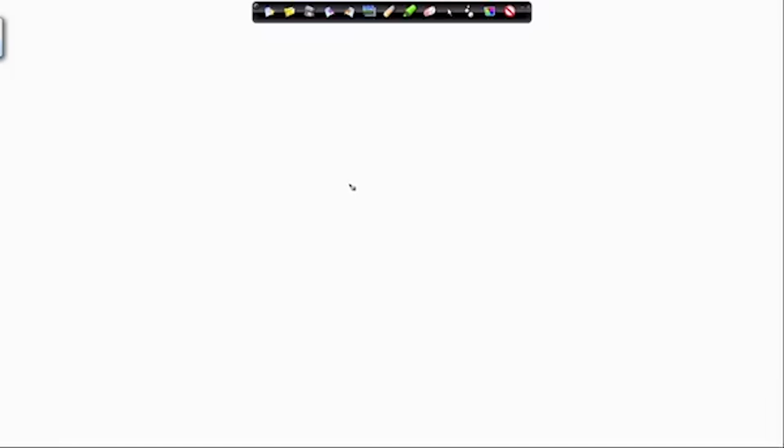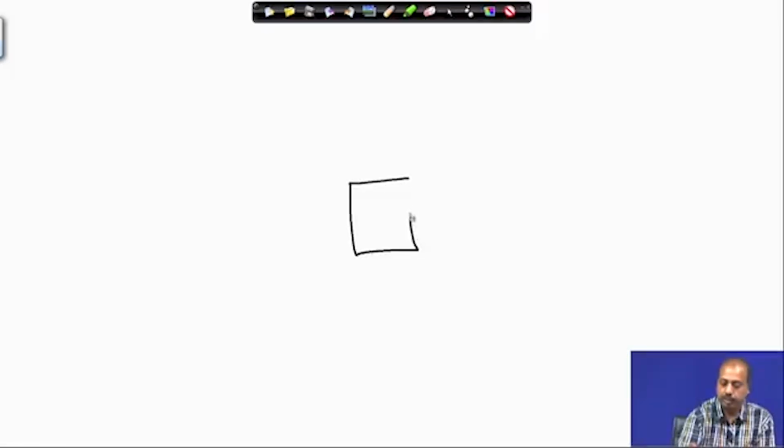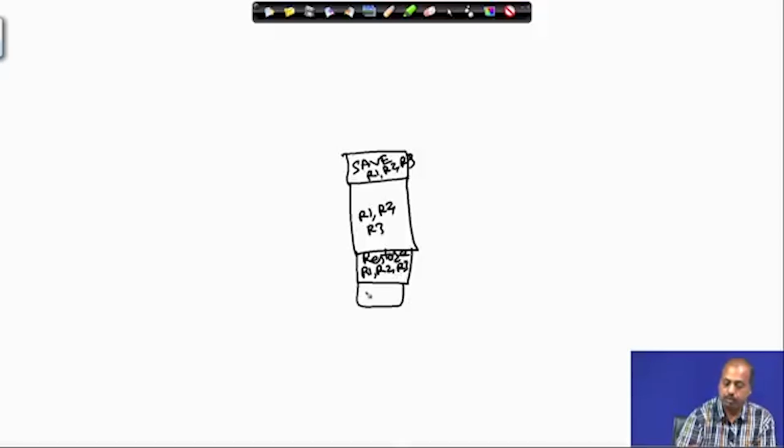If this is the body of the interrupt service routine, and it uses, say, registers R1, R2 and R3, then before we start it we have to save R1, R2, R3, and before returning we have to restore R1, R2, R3, and then only I can do the return.